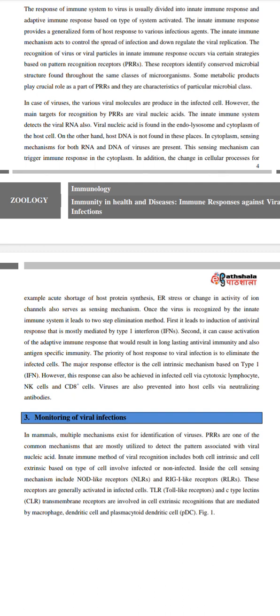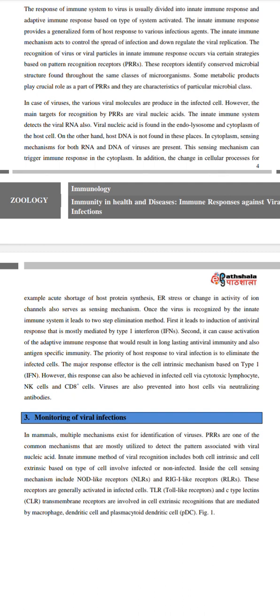Monitoring of viral infections: in mammals, multiple mechanisms exist for identification of virus. PRRs are one of the common mechanisms that are mostly utilized to detect the pattern associated with viral nucleic acid. Innate immune methods of viral recognition include both cell intrinsic and cell extrinsic, based on the type of cell involved, infected or not infected.